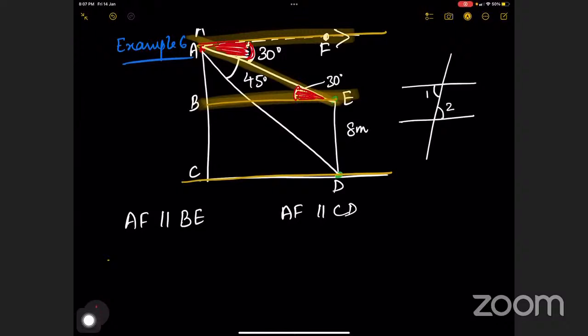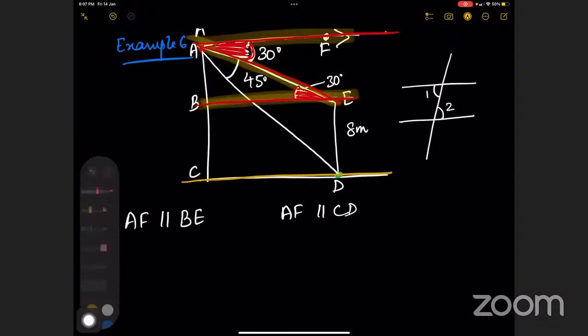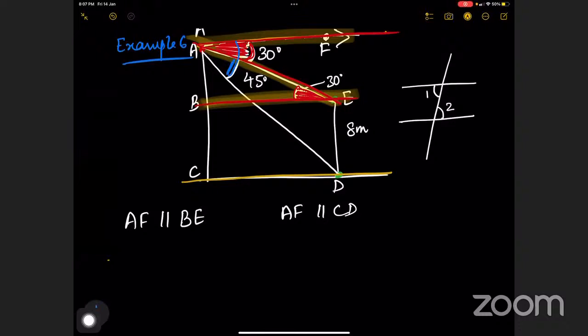Why? Because of this line and this line, and this becomes the transversal. Similarly, with exactly the same logic, this angle is the same as this angle. Okay, so this becomes 45.